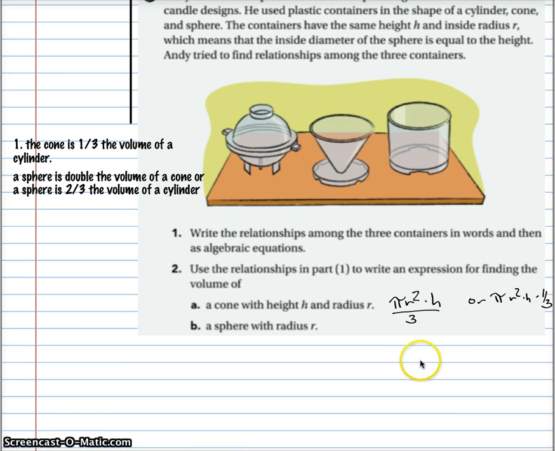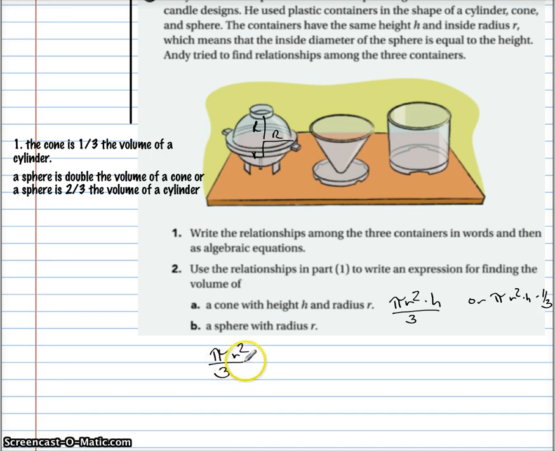A sphere with the radius r. So from here to here, that's r. That means from here to the top, that's also r, and from the middle to the bottom, that's also r. They're not giving you any heights. So this one is going to be pi r squared, that's my base, divided by 3.